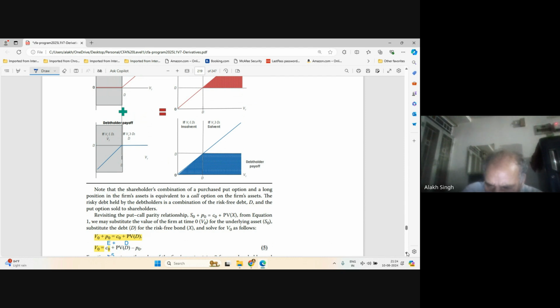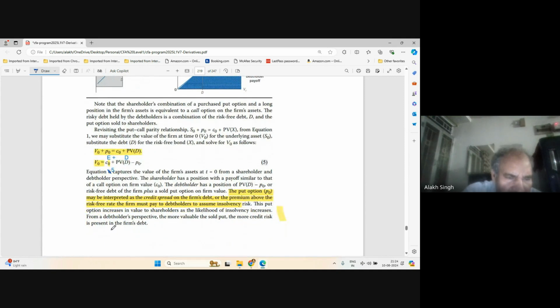So I had already written this equation that V0 is equal to C. Now, revisiting the put-call parity, S0 plus P0, who are these? These are the equity holders, and C0 is bought by the equity holder. Let me read what it tells.